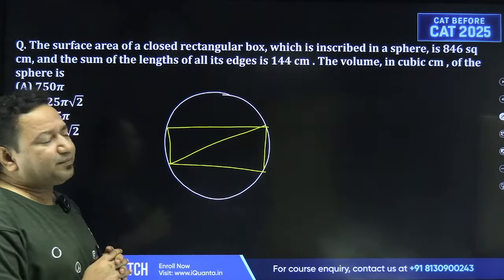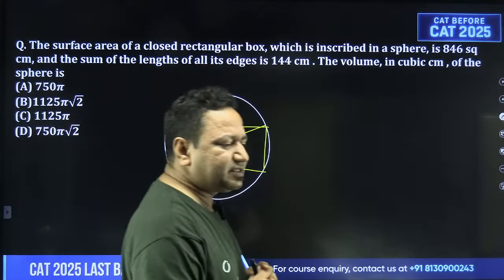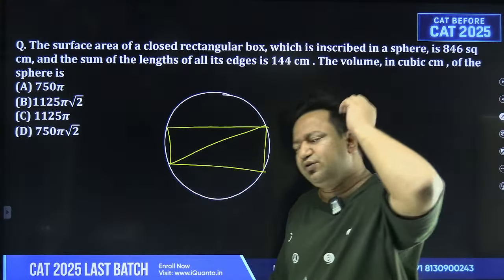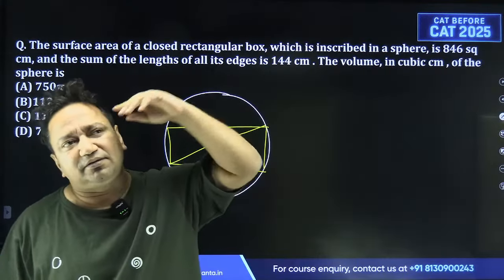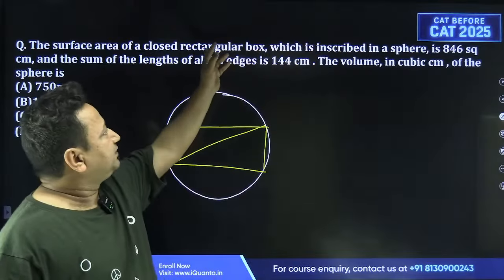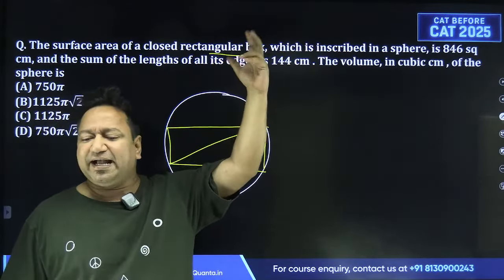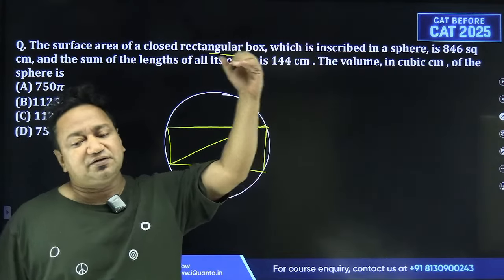For a circle it will work, but the problem here is that it is going into 3 dimensions. That is the problem. So if you can imagine it clearly, if you try to inscribe a rectangular box, which means a cuboid, the cuboid's body diagonal will be equal to the diameter of the sphere.